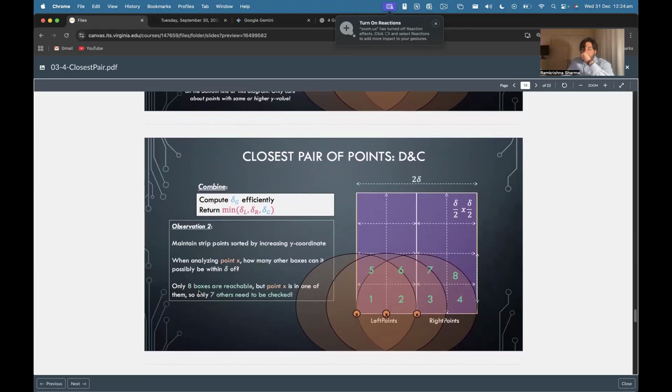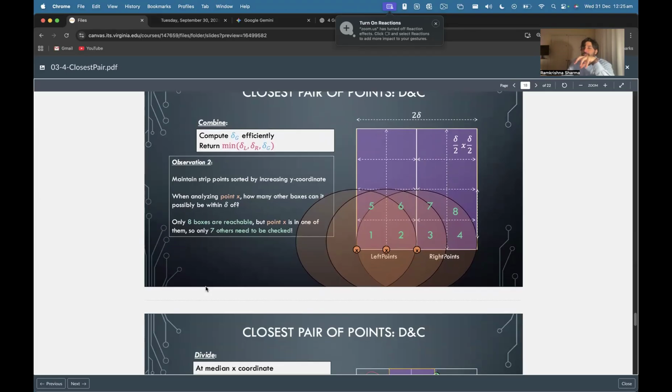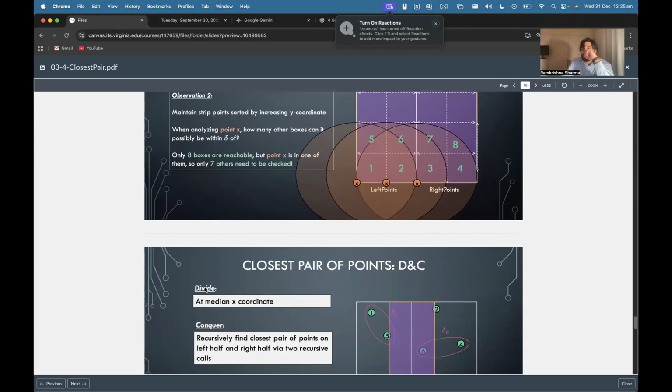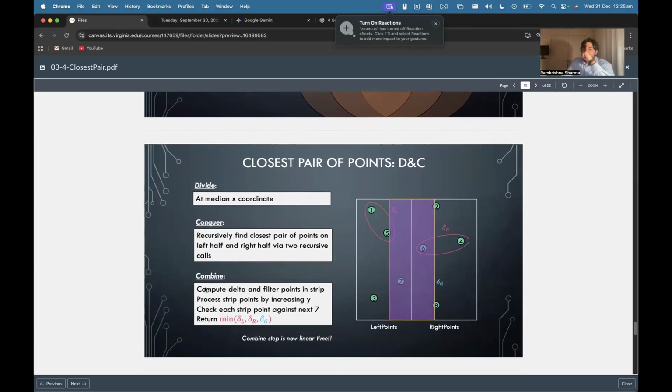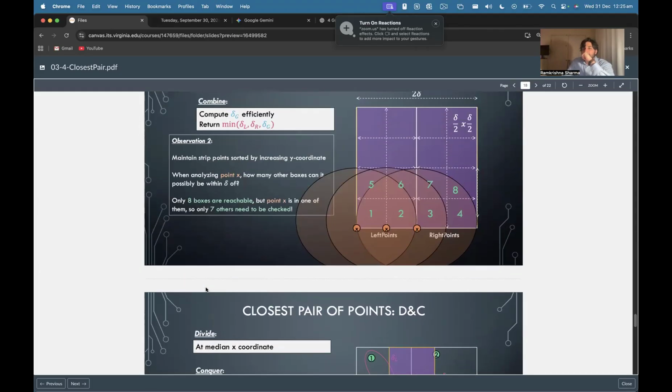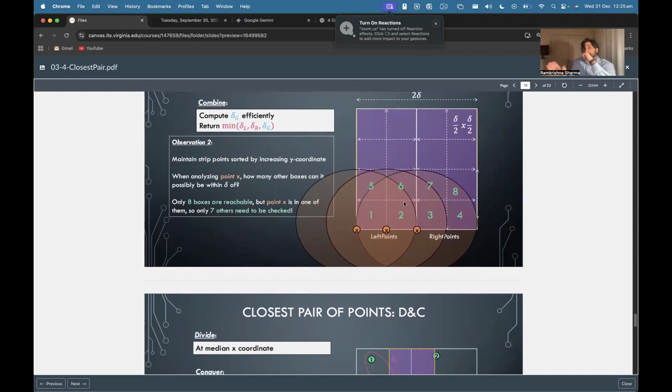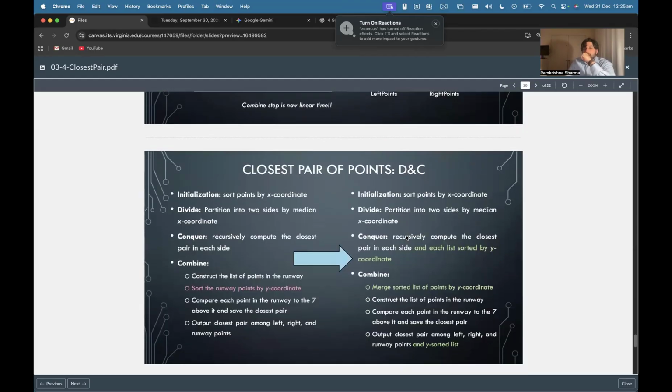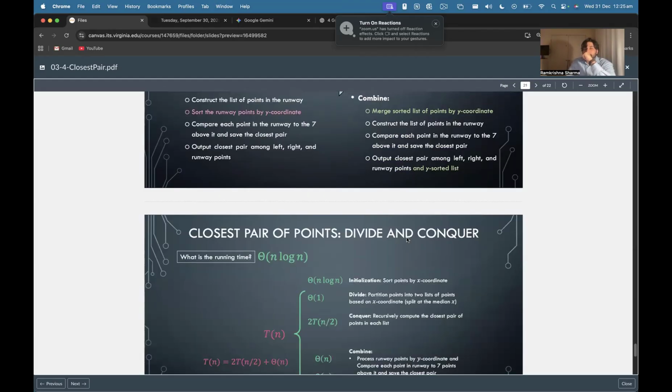Point X is in one of them. So there's only 7 other boxes that need to be checked for each point. And that ends up being pretty cool, right? And by the way, this kind of slides up. But that ends up being the algorithm, right?